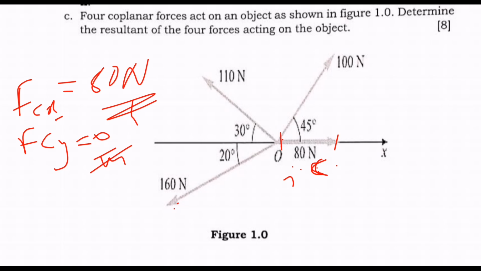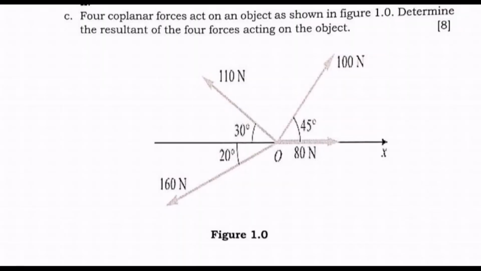Now for the 160 here, this will be vector d. So what will be our angle here? Just start from here. You go this side. When you go this side, we start from x.